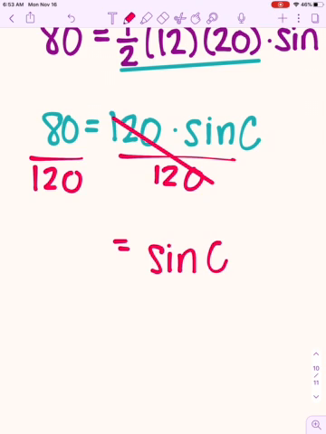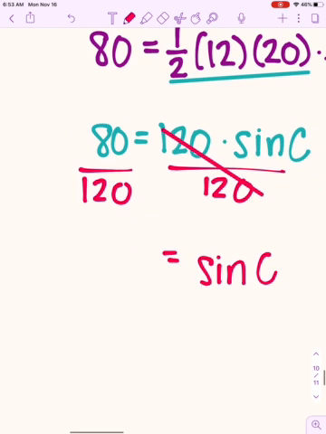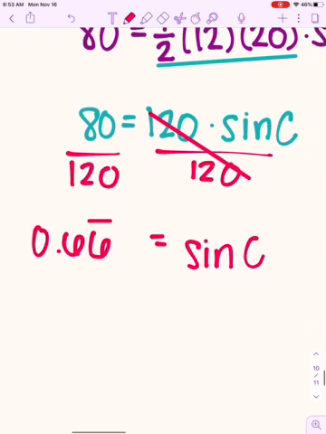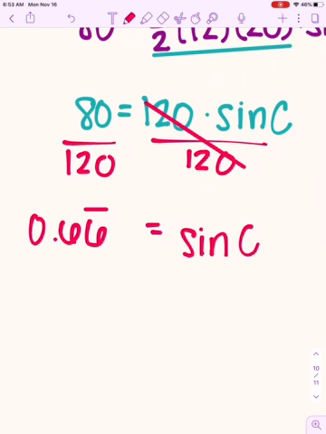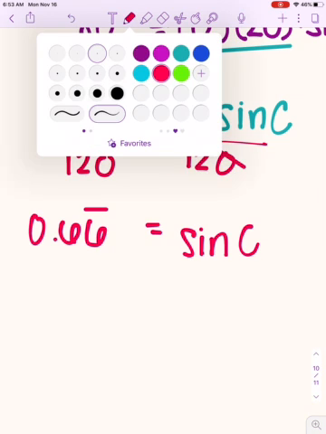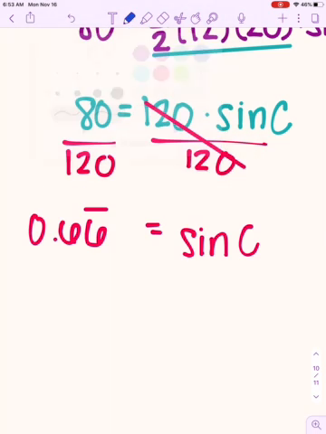Okay, so you get that sine C. So if you do 80 divided by 120, you're going to get a decimal of some sort. Okay, so it's going to look like 0.6 repeating. So 0.66 repeating. Okay, that's the sine of your angle. You want the angle, so then you second sine your answer.